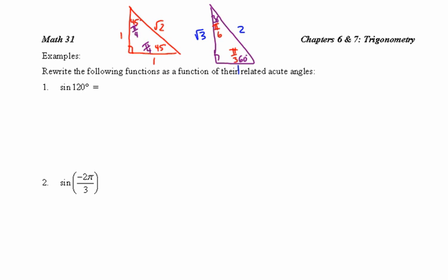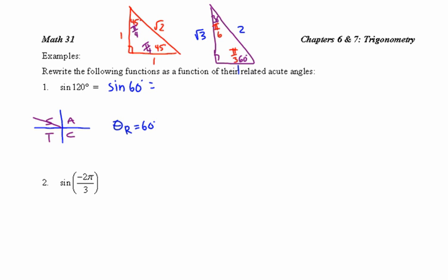Now, sine 120 degrees, which quadrant is that in? 2. So we have CAST. Will it be positive or negative? Positive. What's its reference angle? 60 degrees. So I'm actually going to calculate positive sine 60.